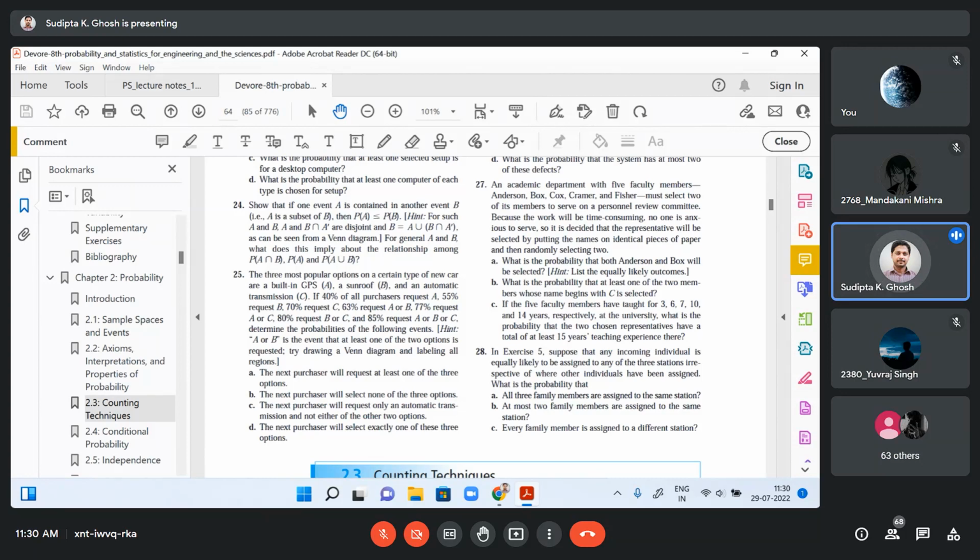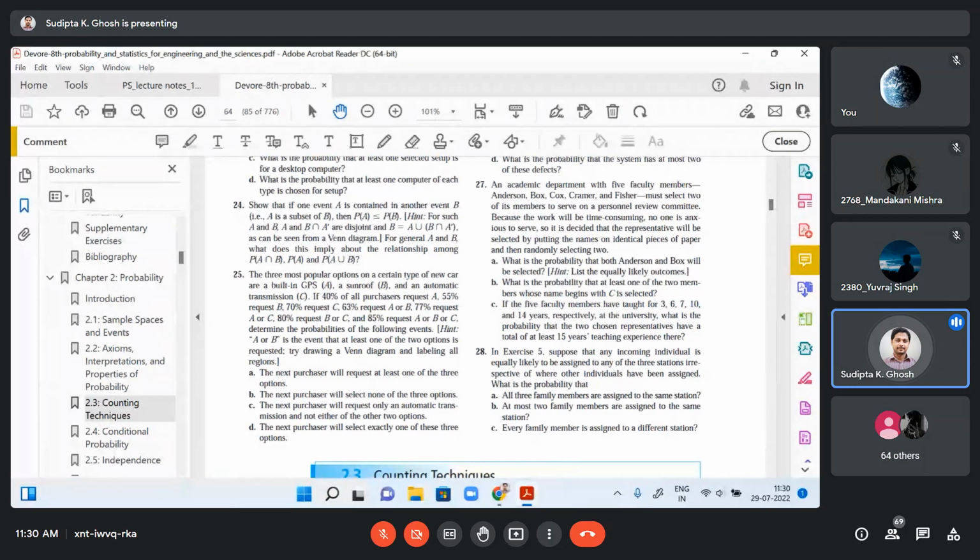All of you have seen sunroof type of cars, hopefully. And 70% request C, that means 70% request automatic transmission. That type of cars the buyers are claiming.